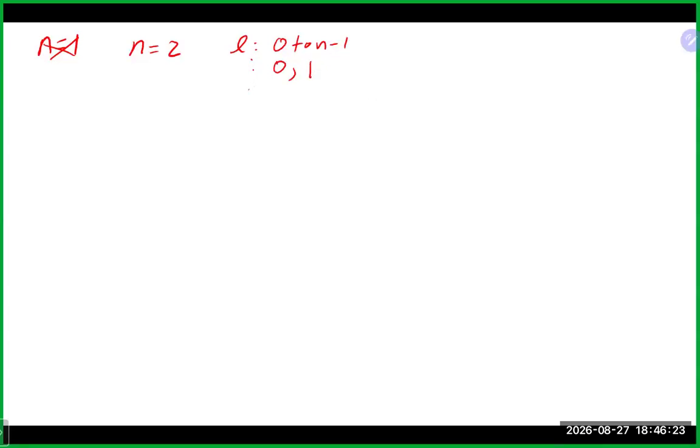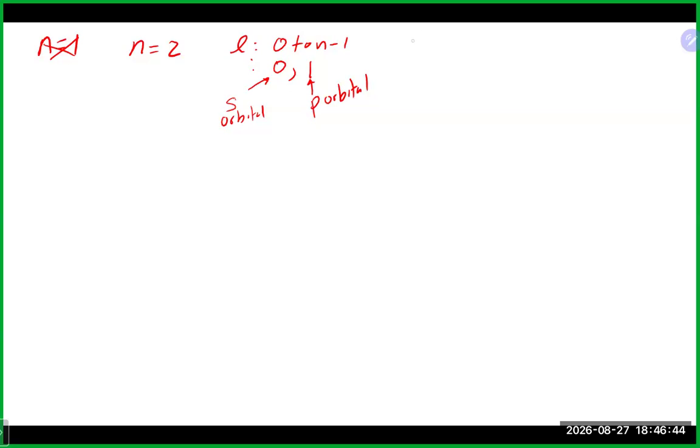As we just saw, 0 for the L value represents an s orbital. When you get an L value equal to 1, that represents a p orbital.